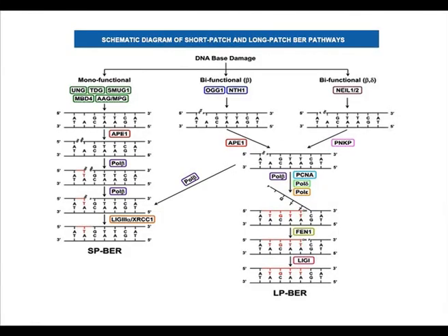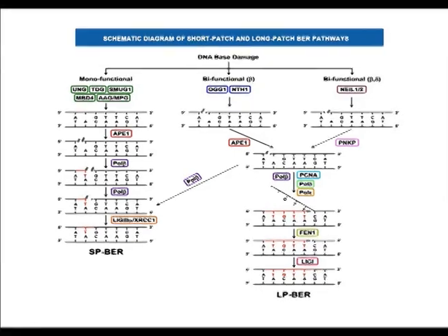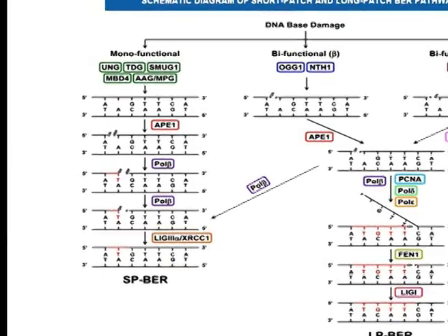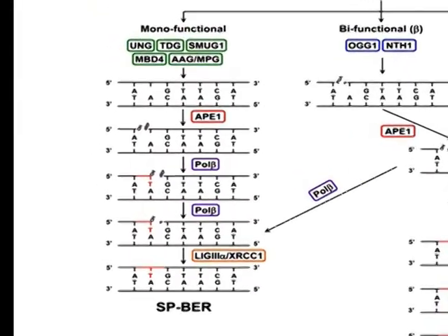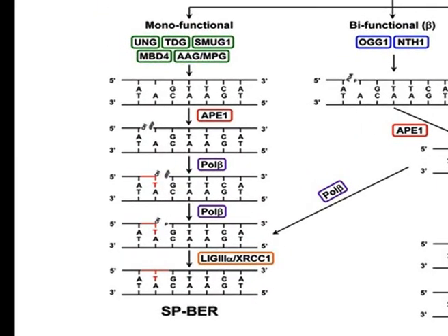The AP sites in the DNA that result from the action of BER enzymes are repaired by AP endonuclease 1 or APE1. APE1 cleaves the phosphodiester chain 5' to the AP site. The DNA strand then contains a 3' hydroxyl group and a 5' abasic deoxyribose phosphate.